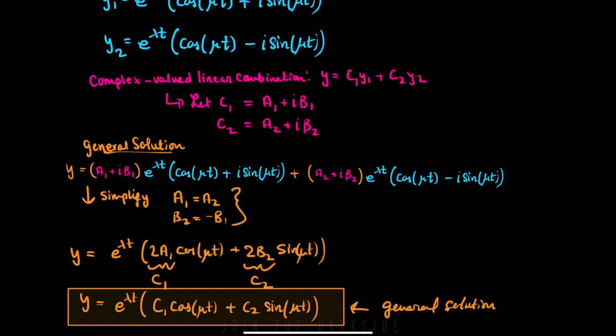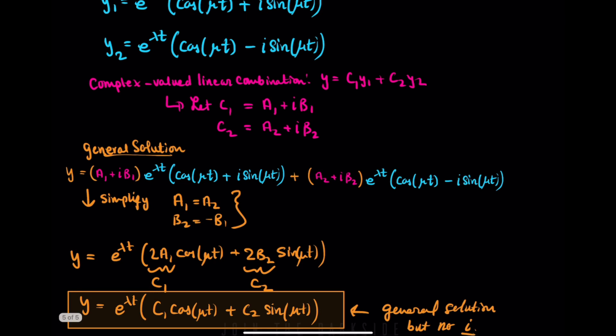But everything is in the real, but no I, and that's important. So in the general solution, you do not really want the I, and this is what you come up with.